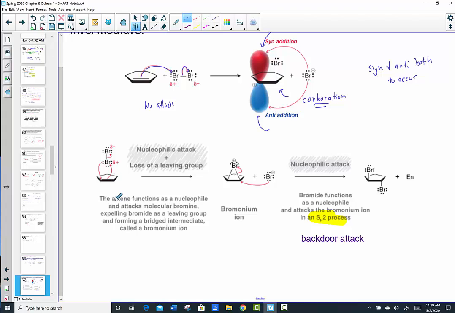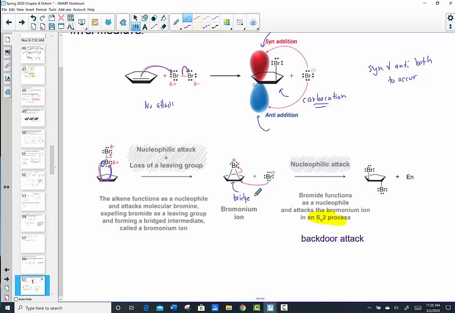When the bromine is reaching out, see this double bond here? That's the rich pi bond, reaches out for the bromine. This is your nucleophilic attack, and this set of electrons on the bromine is actually going to form a bond, and this is a bridge, so there is no carbocation.